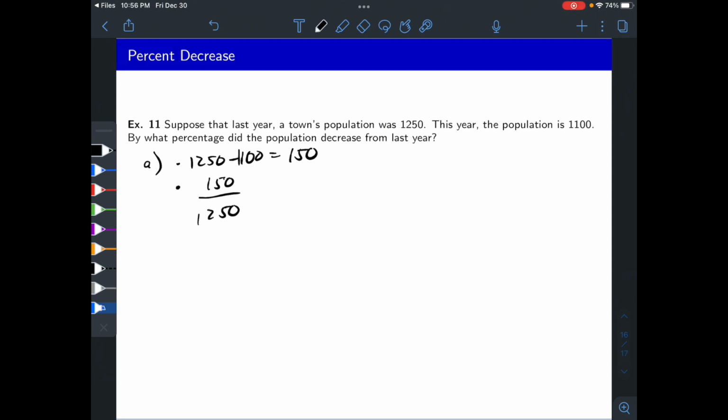And so what is 150 divided by 1250? Calculator is telling me that 150 over 1250 is equal to 0.12 exactly, so 12%. So 150 over 1250 is just 12%. And so this would be a 12% decrease.